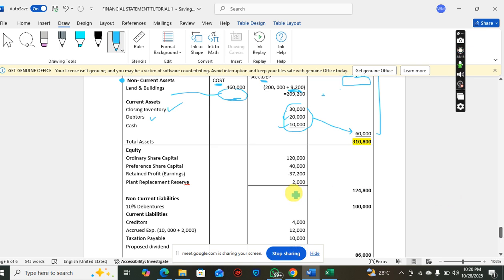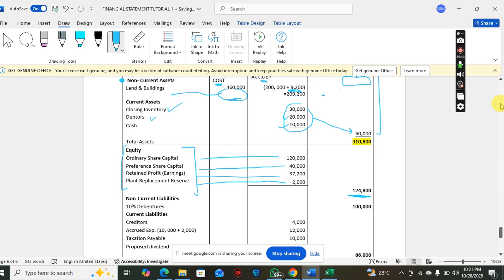Under the equity section, you just follow the way we put it in the statement of changes in equity. Those balances we calculated: ordinary share capital 120, preference share capital 40, retained earnings negative 37,200, plant replacement reserve 2,000. So total equity 124,800.